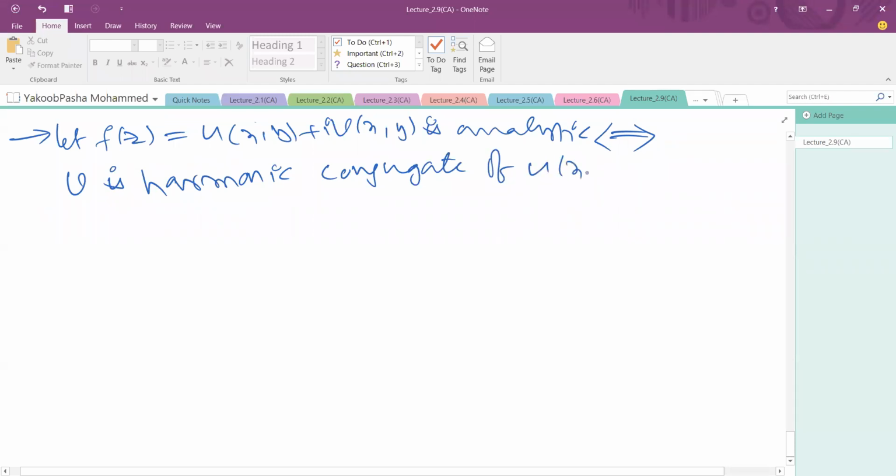The imaginary part is called harmonic conjugate of the real part. The condition is necessary and sufficient. That means whenever v of x comma y is harmonic conjugate of u of x comma y, then the corresponding function f of z equal to u of x comma y plus i into v of x comma y is analytic.